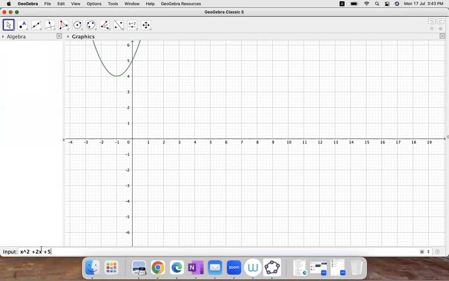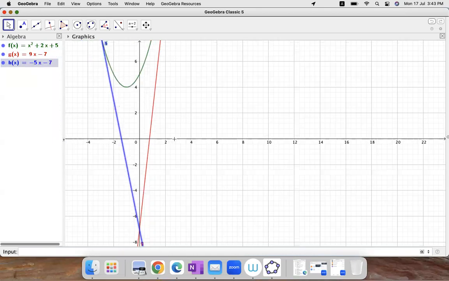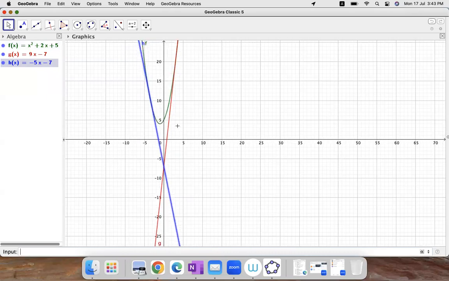So this is x square plus 2x plus 5. And we had the other one, y equals mx minus 7. And we have the values, one is 9, the other is minus 5. So when I use 9x minus 7, this is my answer. And when I use minus 5x minus 7, this is the answer. So you can see that it touches the curve. So this is b square minus 4ac equal to 0.